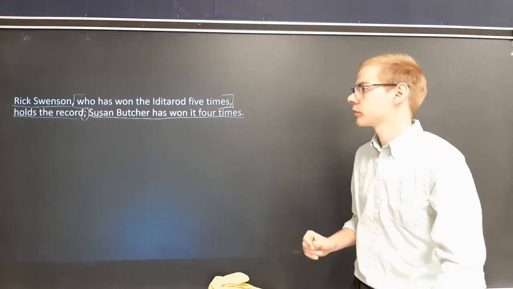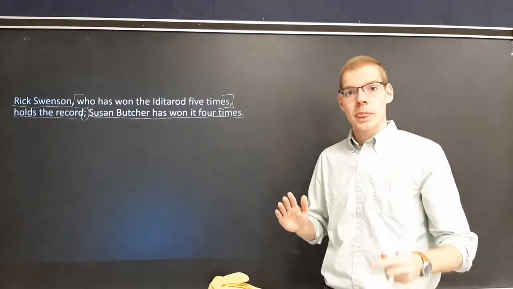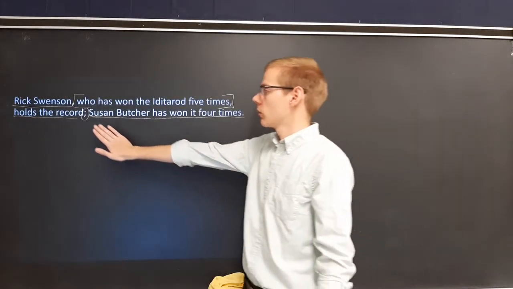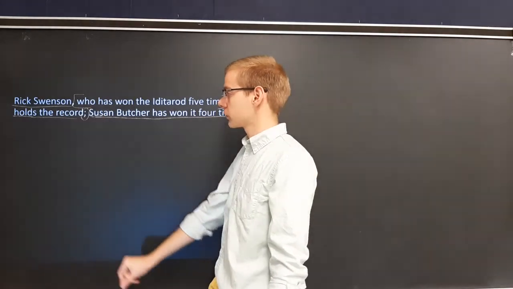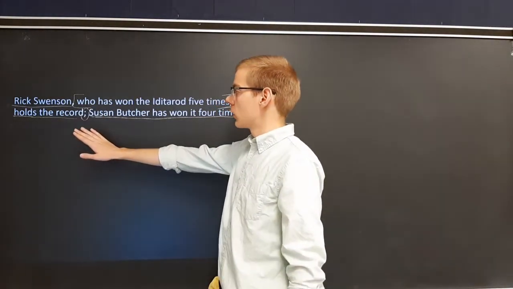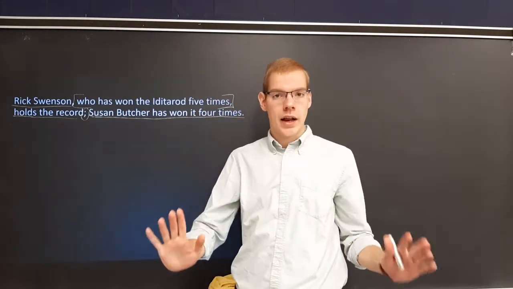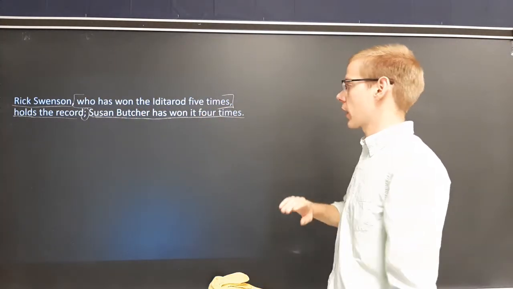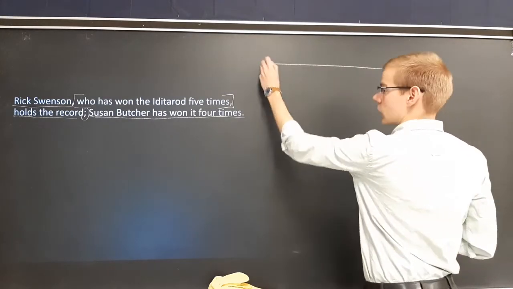There we go. So, first of all, let's diagram the first part of the sentence in front of the connector. Now, get the underlined stuff out of the way first. So, Rick Swenson holds the record.